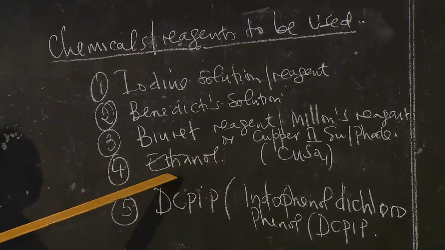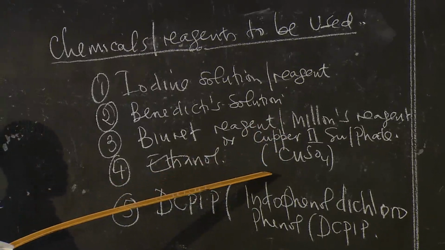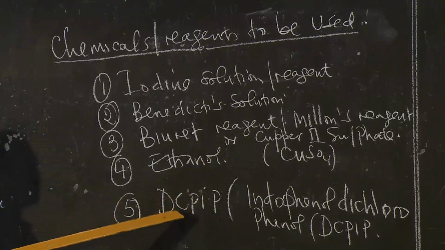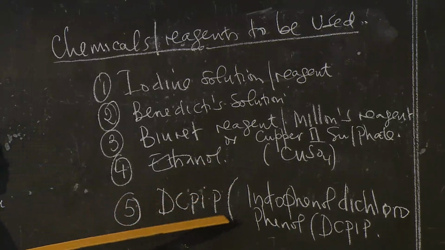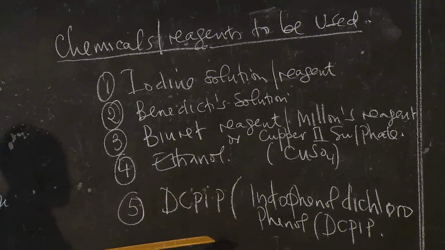We have ethanol, which is very important in testing fats, with examples like cooking oil. We have DCPIP, dichlorophenolindophenol, which is used for testing vitamin C.